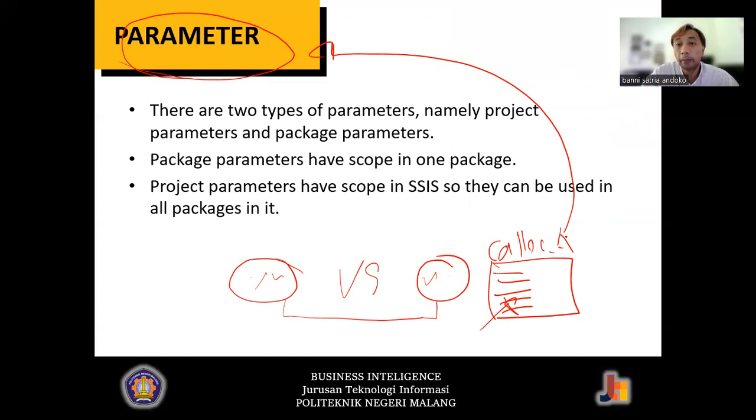The package parameter's scope is only inside a single package, but the project parameter's scope is the whole SSIS project, so it can be used in all packages inside a single project. But the function is the same.